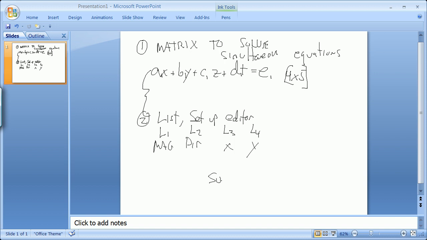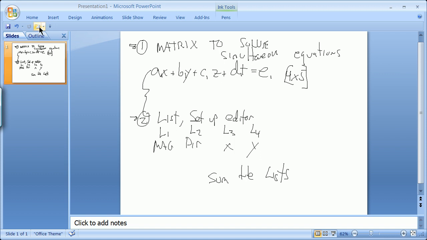Know how to sum the lists, right? How to get the sum of all the x's or all the y's. So dealing with lists, these two things right now are not programs, they're just calculator functions. Okay, so learning how to do that.